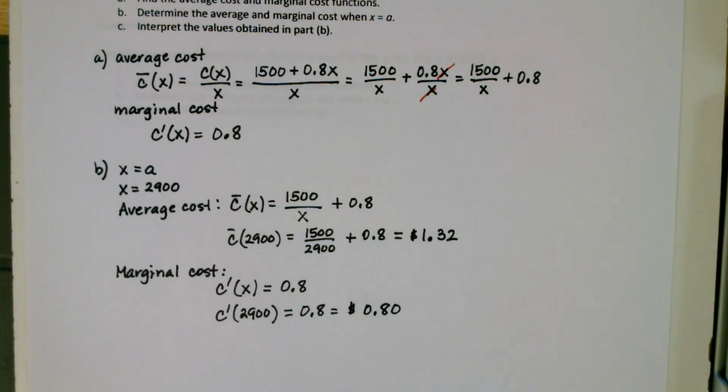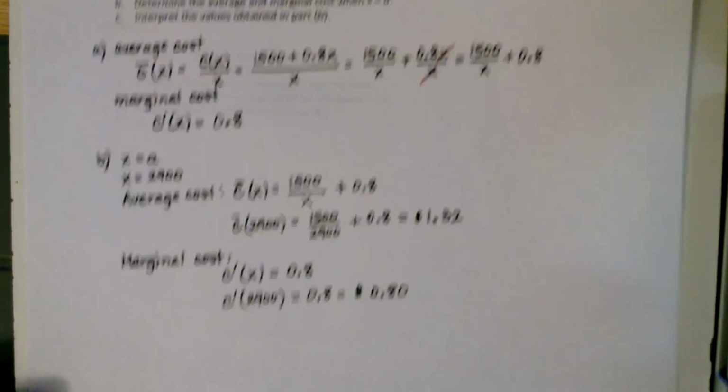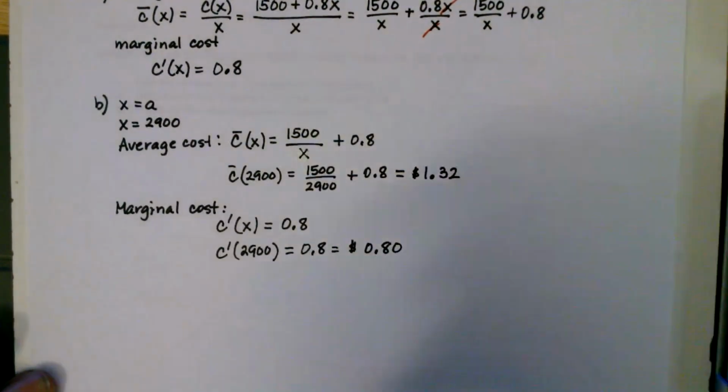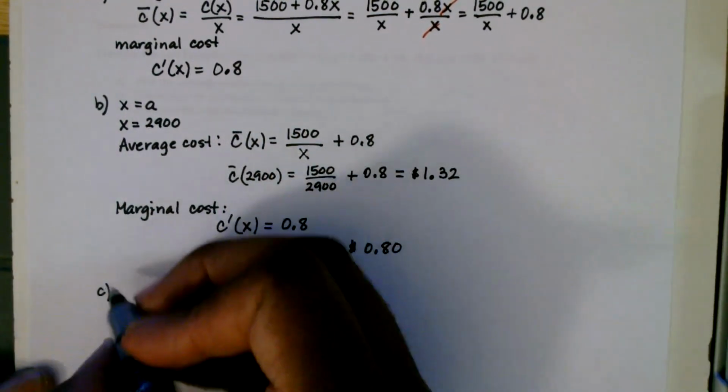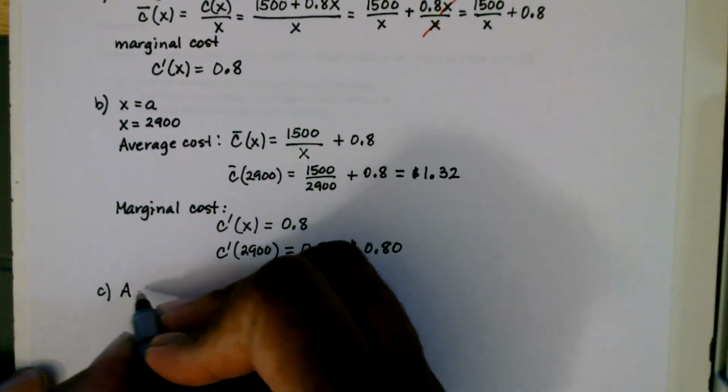So that's part B. Now we're going to use part B to interpret the values that we got. What do those values mean? What does the average cost and the marginal cost mean? Let's start with the average cost.